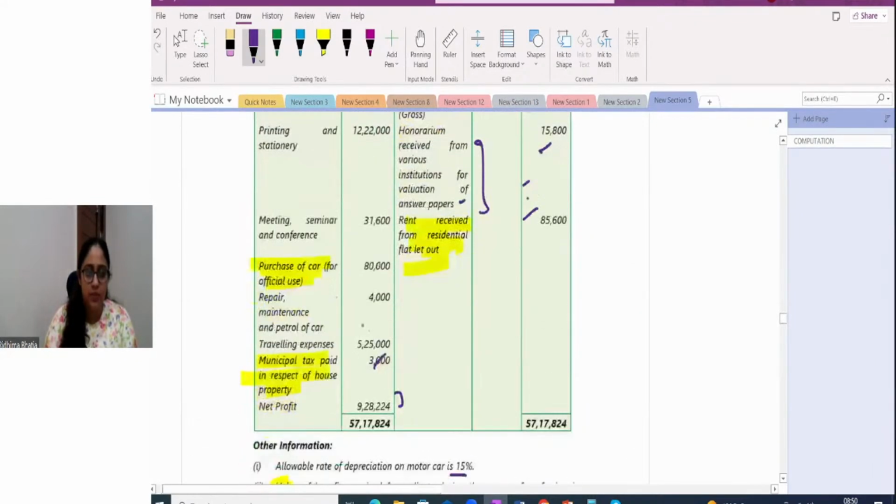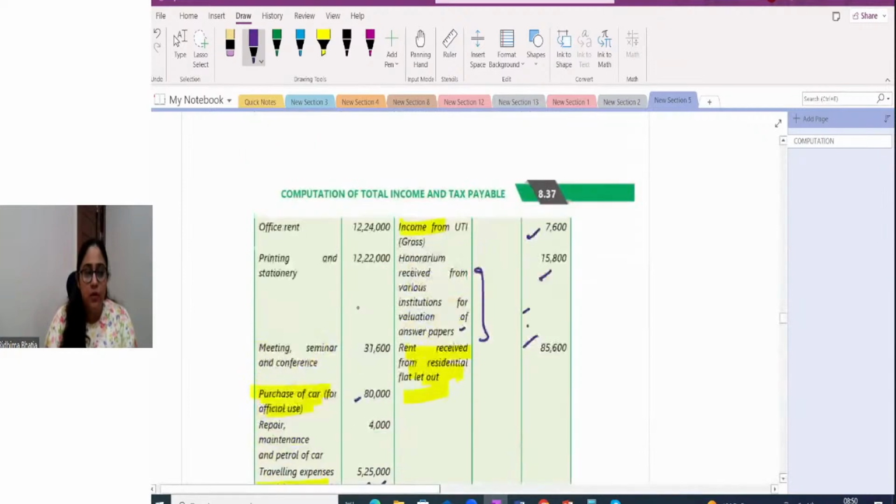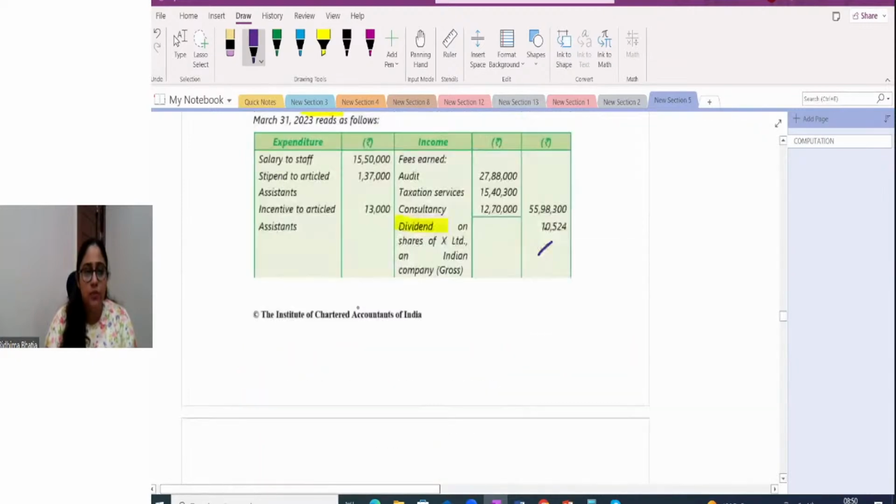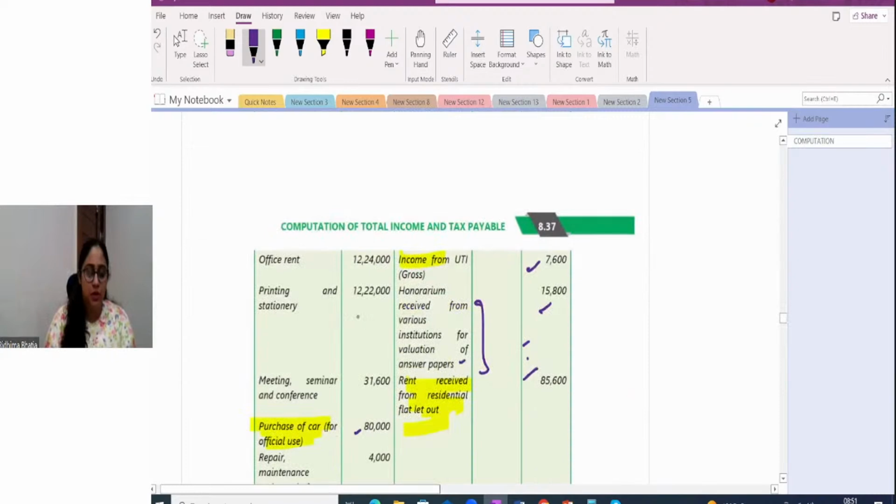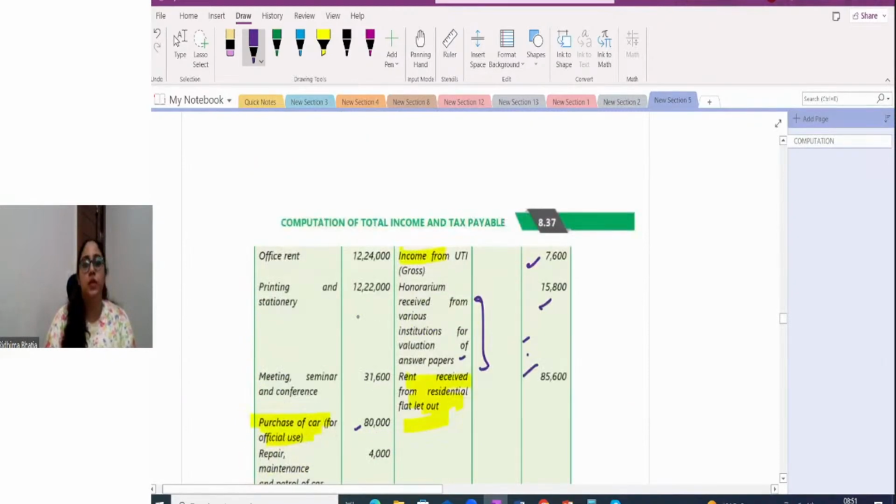यहाँ पे आ जाते हैं परचेज ऑफ कार एडेड बैक, देन म्युनिसिपल टैक्स एड बैक, दो इम्पैक्ट्स आ गए इनके, परफेक्ट. देन व्हाट वाज अदर थिंग्स, 30,000 का disallowance under 40A3.